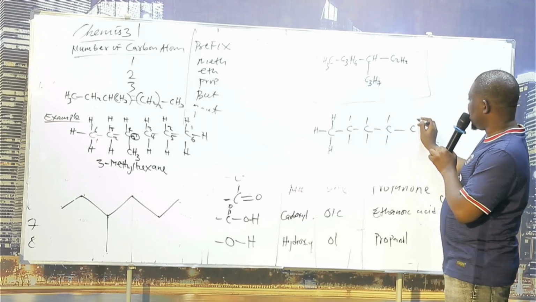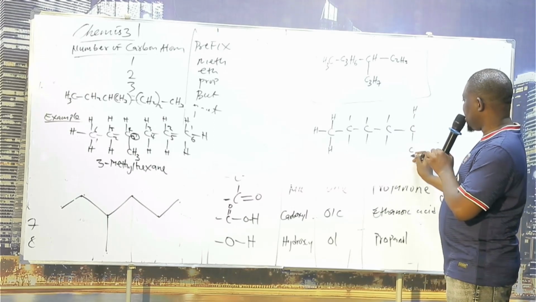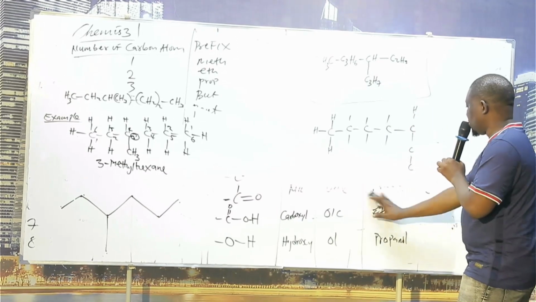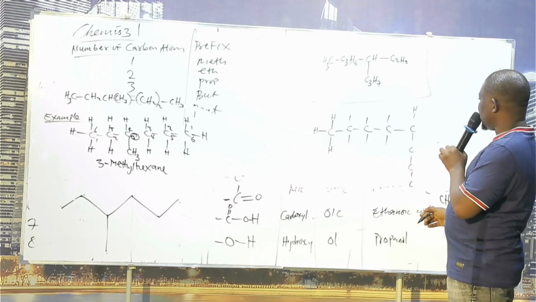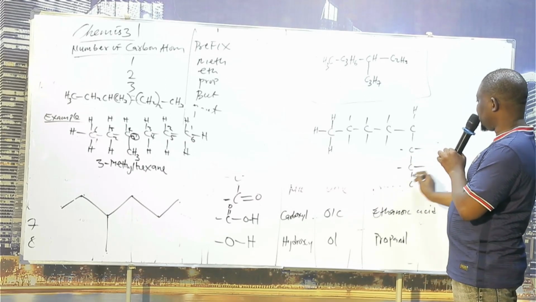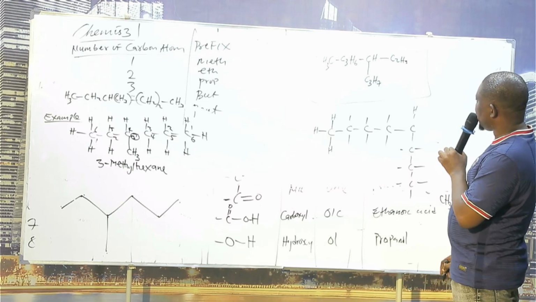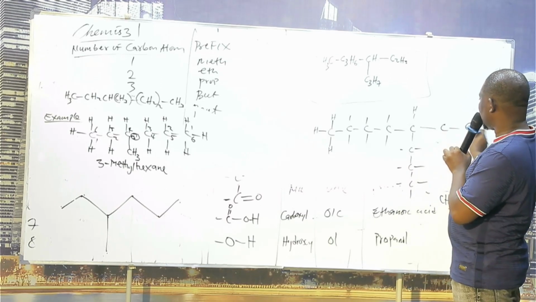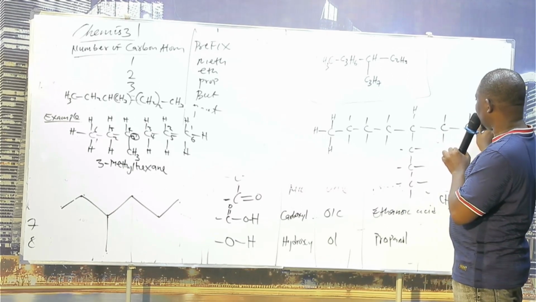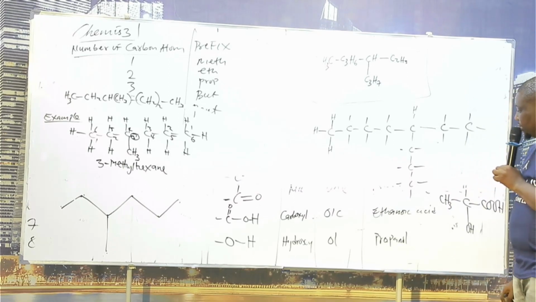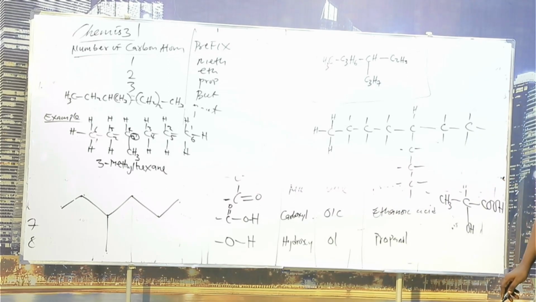This C has H with 1, 2, 3, H7. 1, 2, 3, 4, 5, 6, 7. This C is 1, 2, 3, 4, 5. That's the structure. You must make it very actual, very open, for it to be easy.